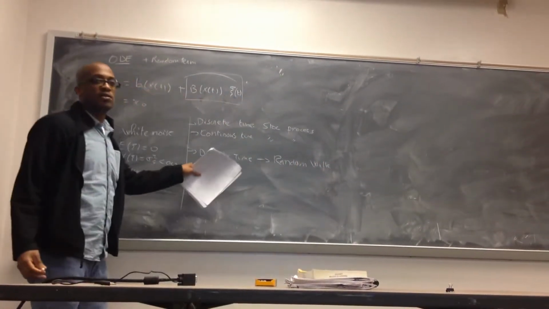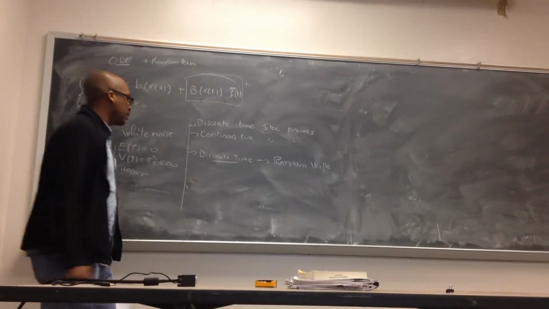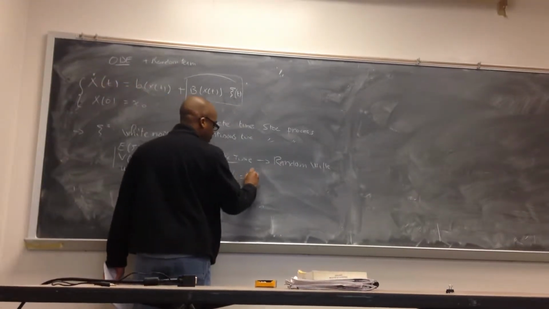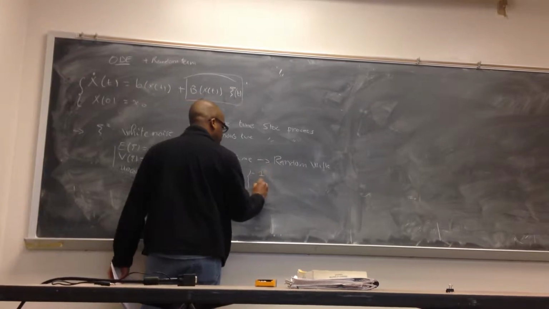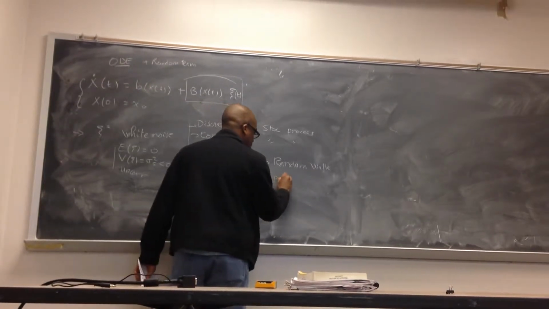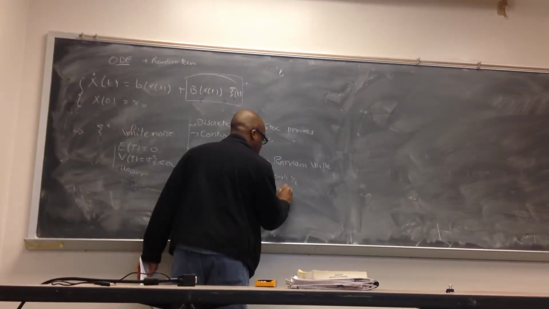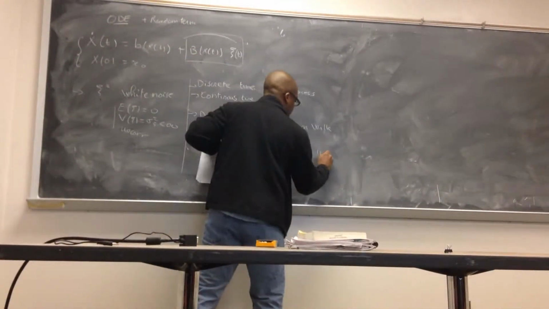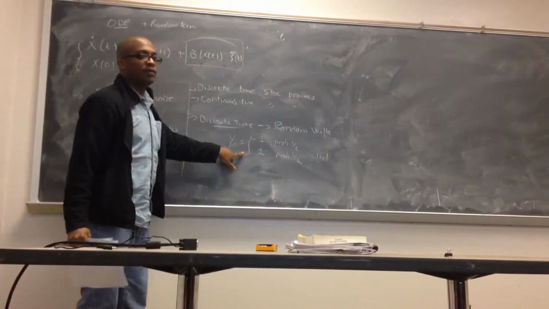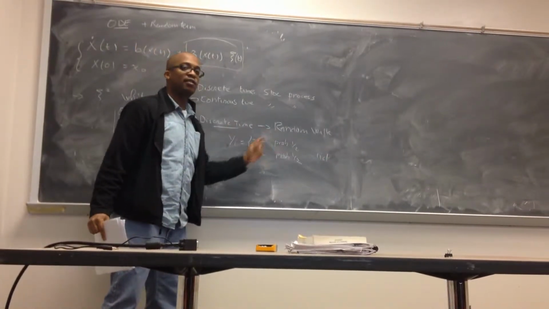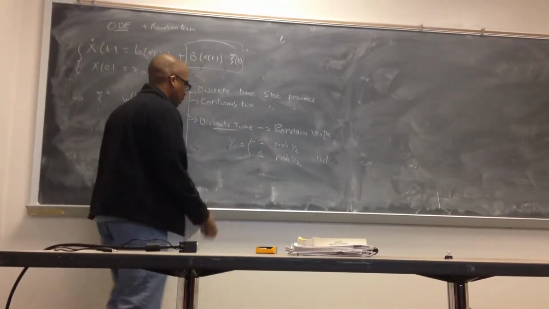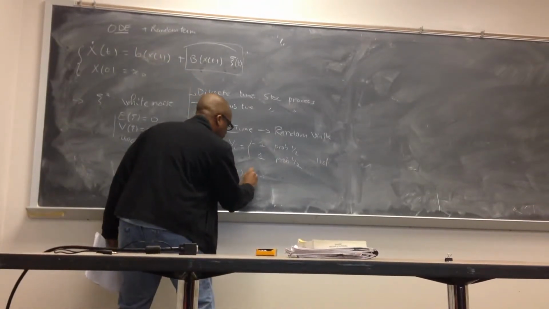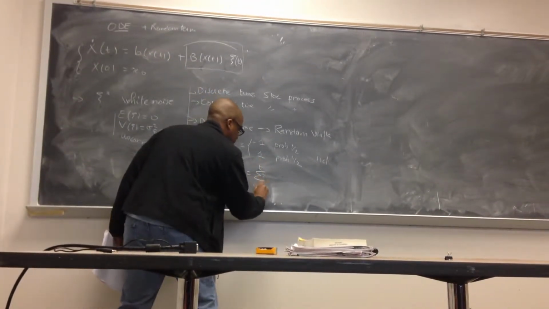To construct the random walk, which is a basic one, you take a random variable that gives you -1 with probability 1/2 and 1 with probability 1/2, and now you construct something like this.